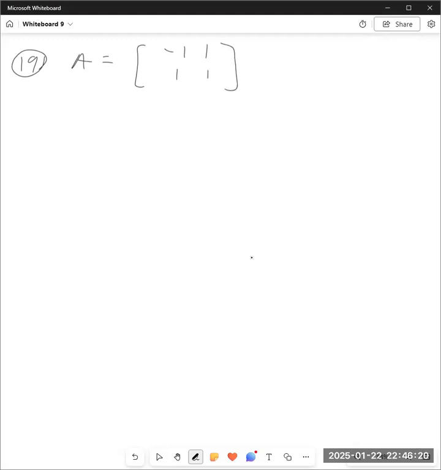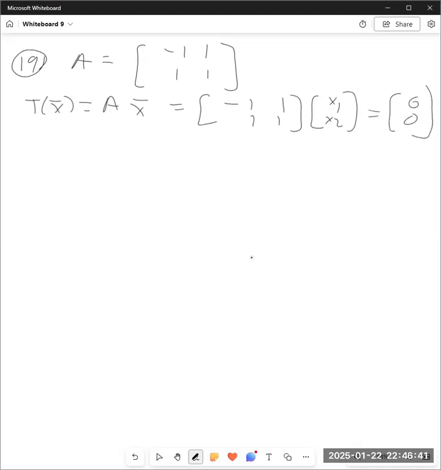And that defines a transformation. T of x is equal to A x, which is [-1, 1; 1, 1] times [x1, x2]. And if we want the kernel, that's going to be equal to the zero matrix.